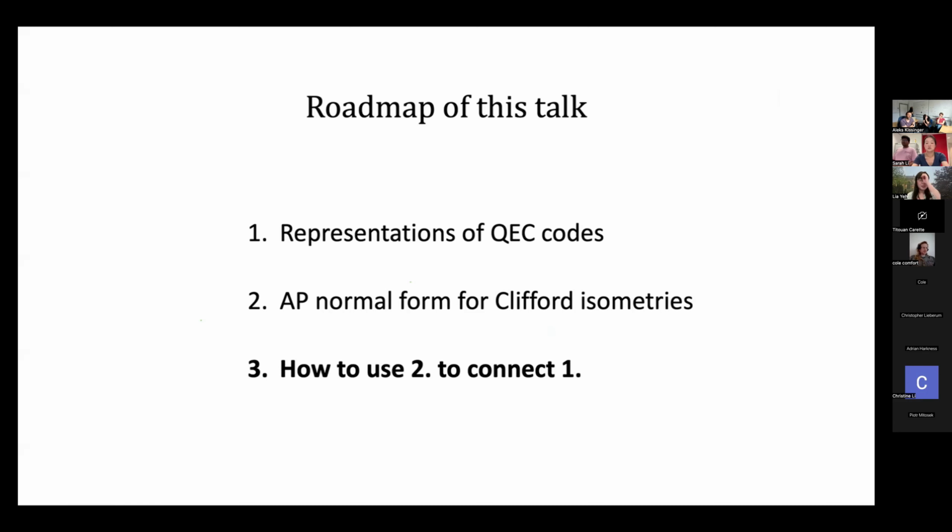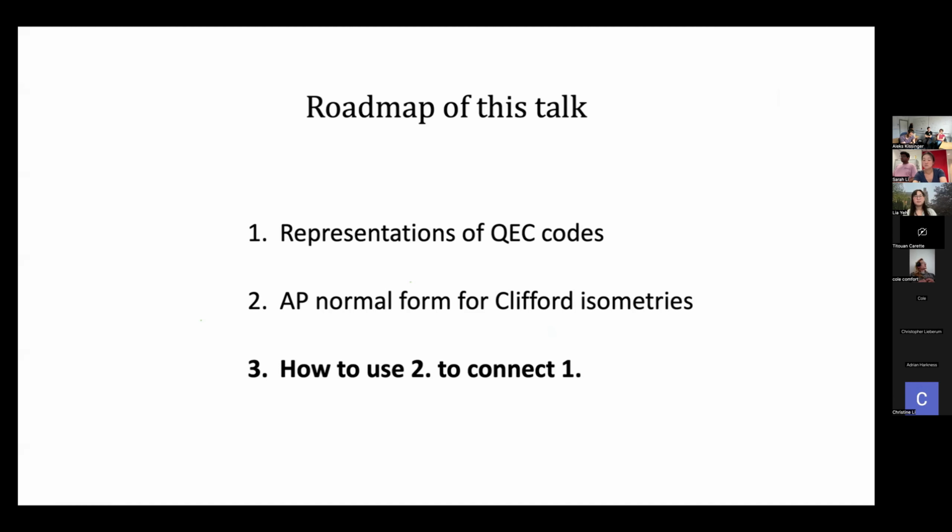The second is that Cleve and Gottesman have this paper where they give a unique normal form for stabilizer codes. When this is restricted to being full rank, so that it's a stabilizer tableau, then the data of the normal form is in bijection with the data of the reduced AP normal form.